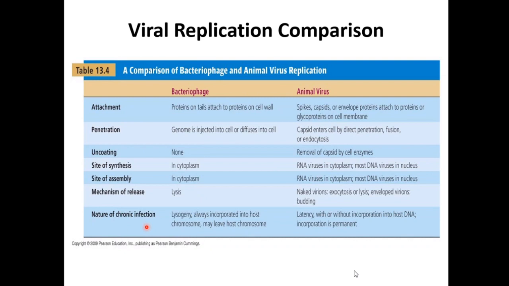Then the nature of chronic infection: in bacteria, the infected cell can stay with the genome always incorporated into the host chromosome, or it may leave the host chromosome. Here it's more latency, with or without incorporation into host DNA. Incorporation is kind of permanent, while in the other case it can leave the host.